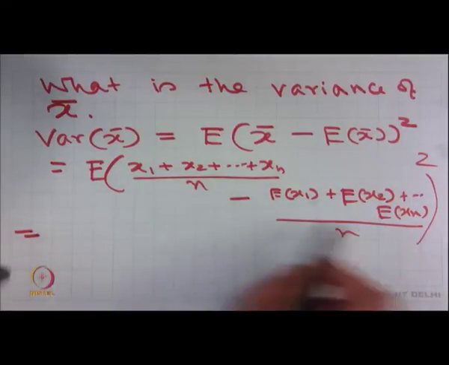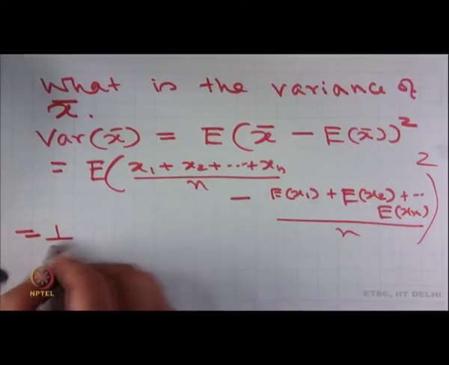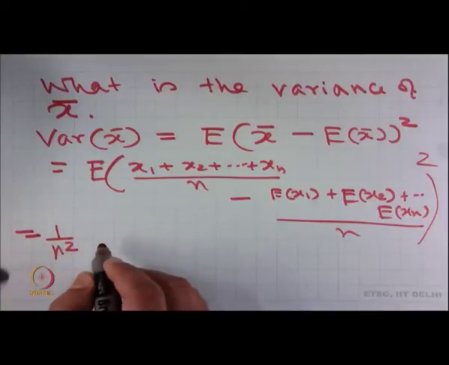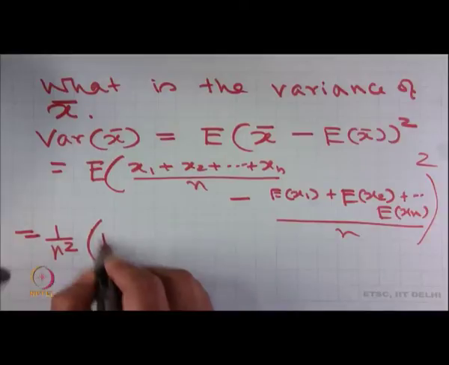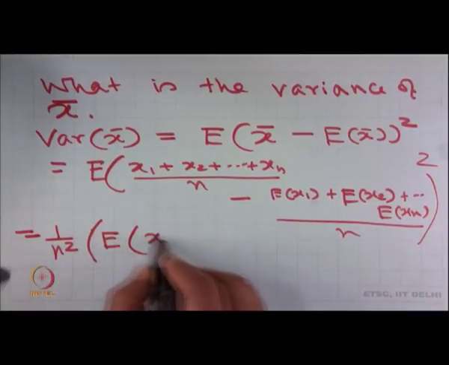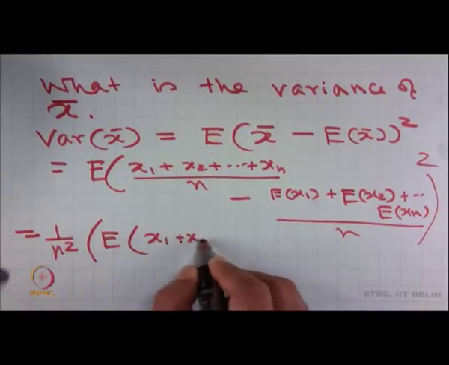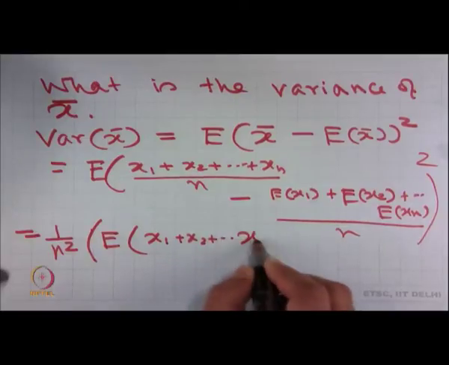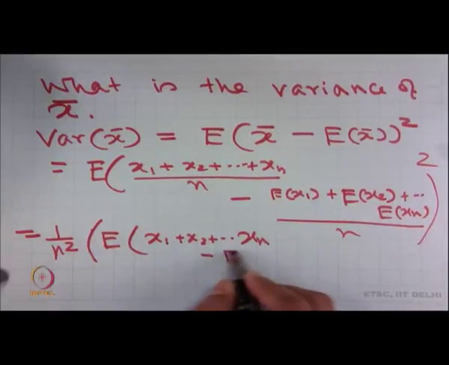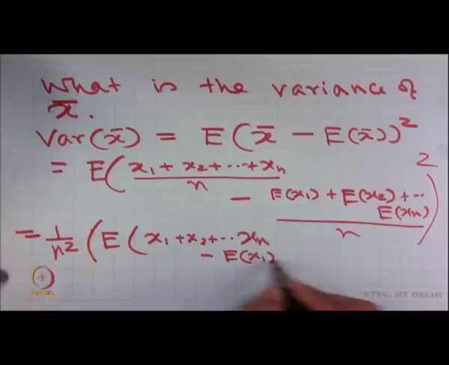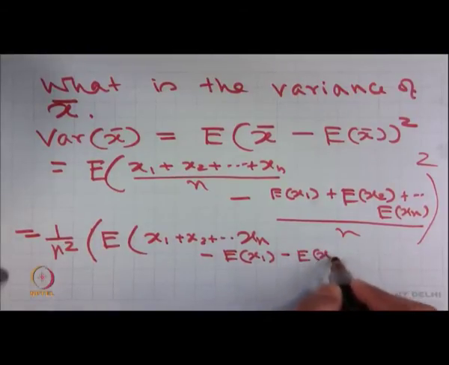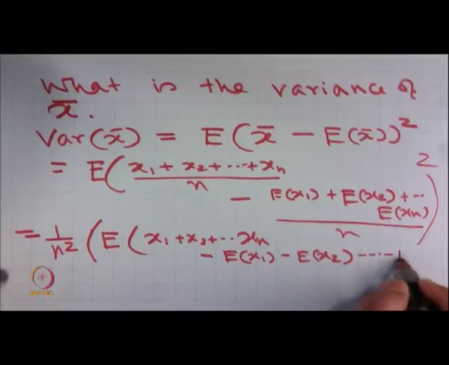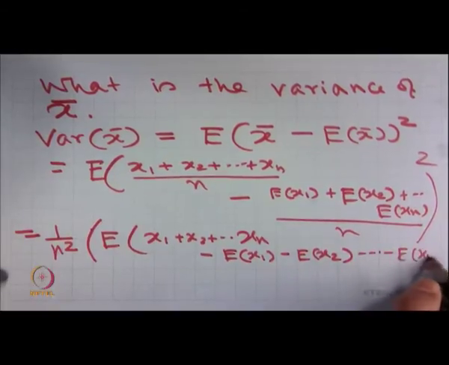Now, 1 by n we can take out as common. So, it is 1 by n square into the expected value of x1 plus x2 plus xn minus the expected value of x1 minus the expected value of x2 minus the expected value of xn whole square.